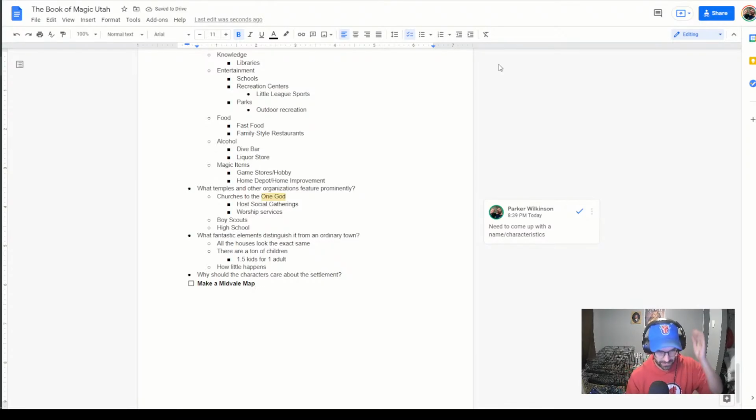I do want a map for Midvale. I want it to look very safe. I also want there to be a sense of nostalgia for me there. That's a personal one. And very uniform, slash organized.